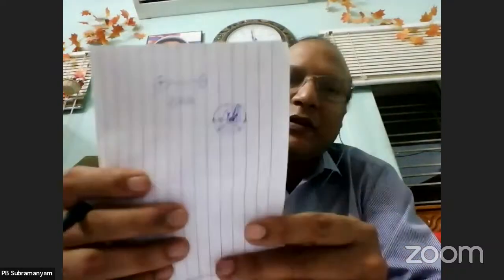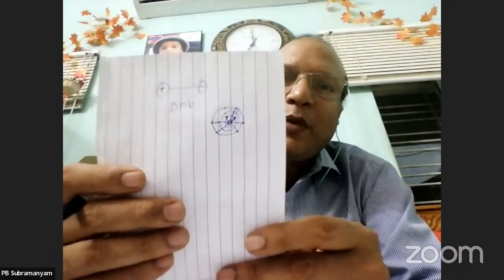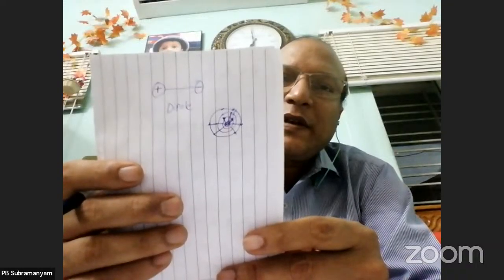The positive and negative charges are moving away from each other. The more we try to bring them close, the more they go out.